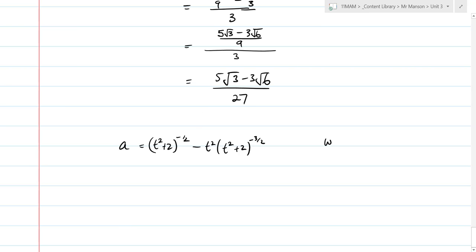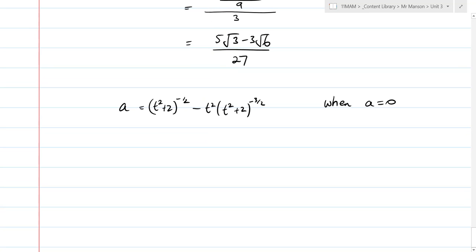Now this looks pretty scary, doesn't it? It's actually pretty easy though. Can we show you how? Why not? Let's divide it by (t squared + 2) to the power of negative 3 over 2, first of all. So this is high-end simplification. That's going to get rid of this horrible thing, because to me, this is the horrible thing here, this square root.